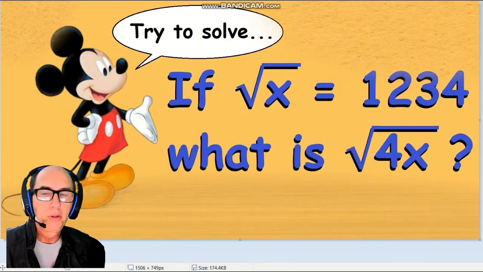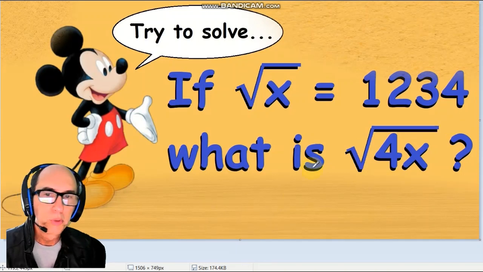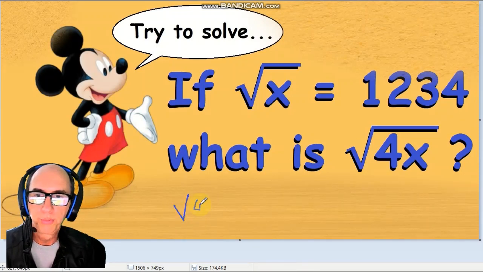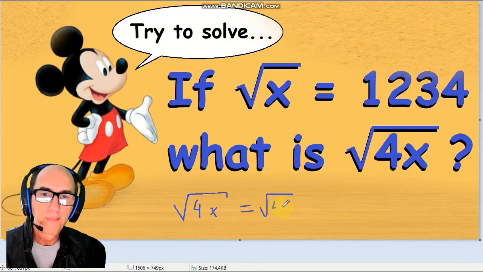Well, if you think about using the product rule for radicals, yes, you are right. We can break down this multiplication, square root of 4 times x, as the square root of 4 times the square root of x.